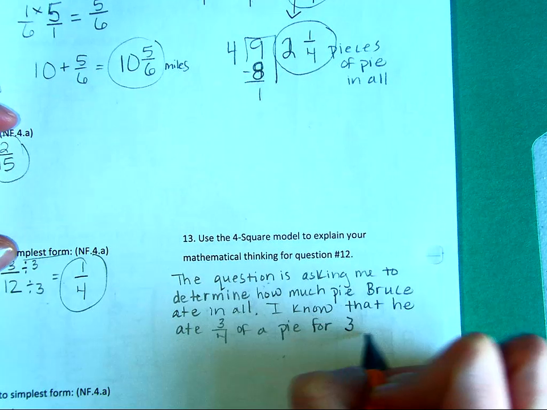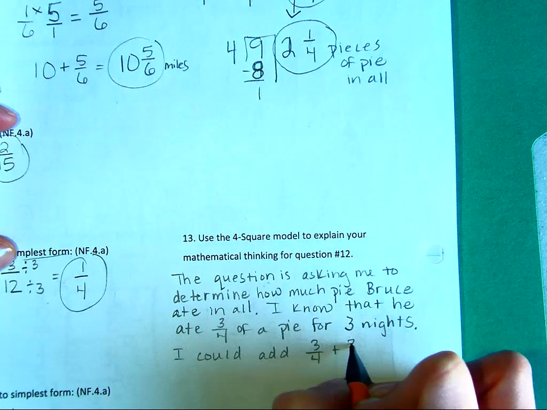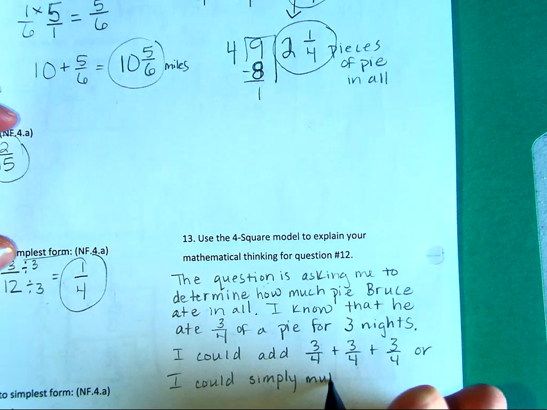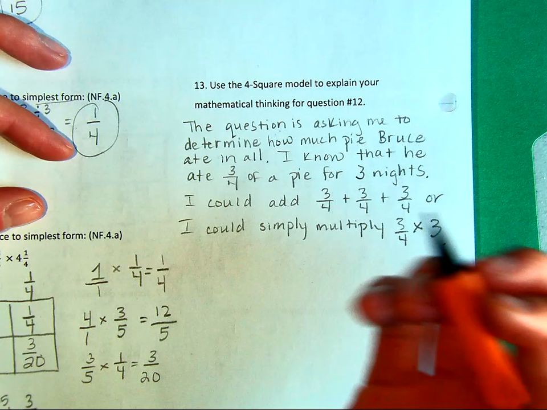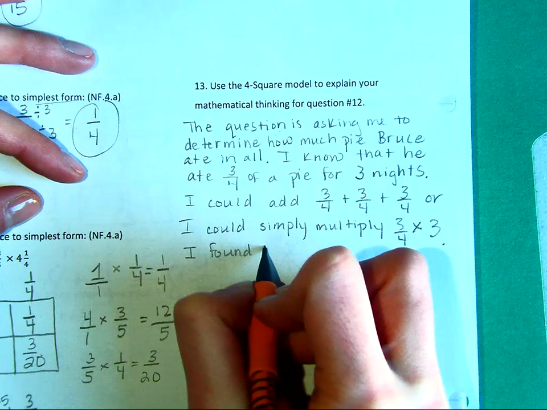I could add 3/4 plus 3/4 plus 3/4, or I could simply multiply 3/4 times 3. I found he ate 9/4 pieces of pie.